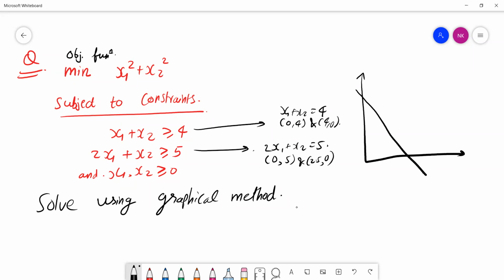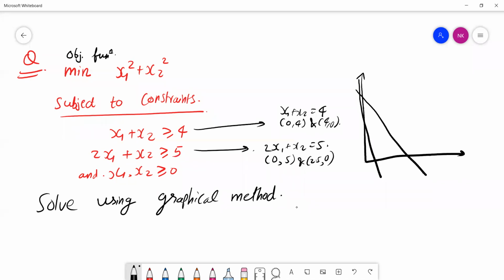So somewhere like this one. I don't know whether I have drawn correctly or not. 0, 5, so it will be over here. I don't know how it will be looking like, but you can just have it something like this.